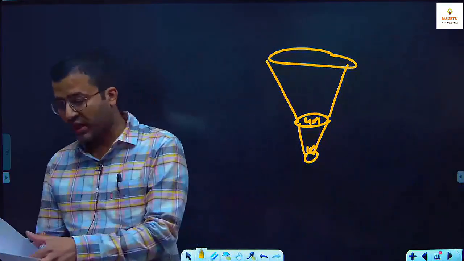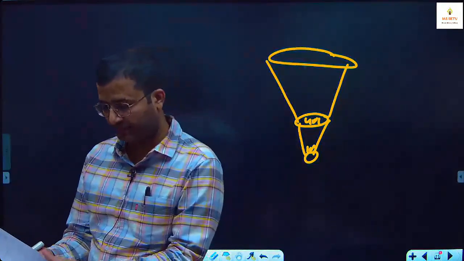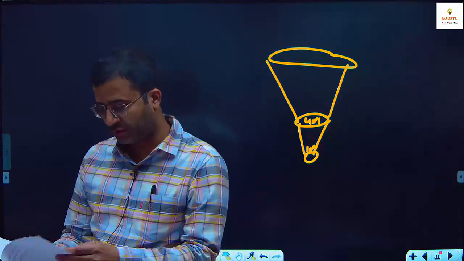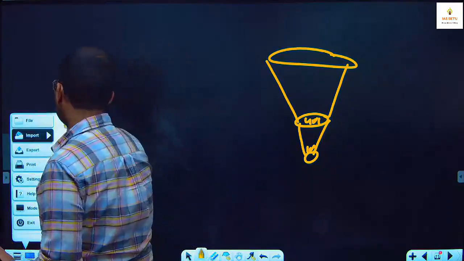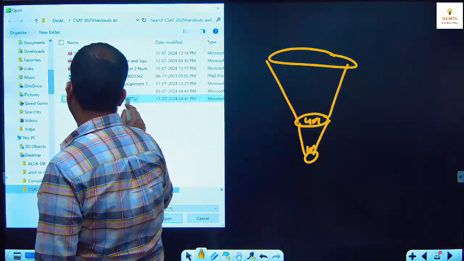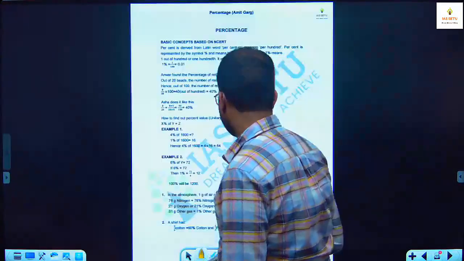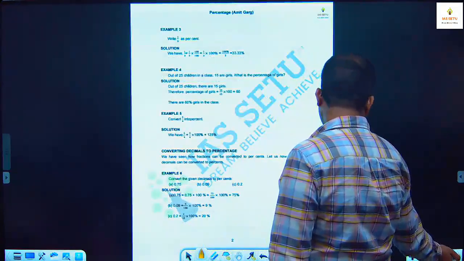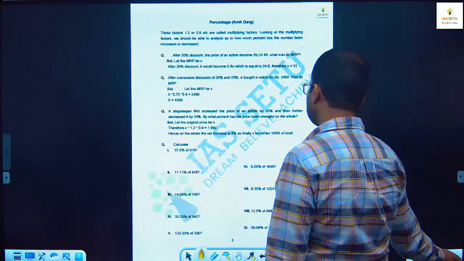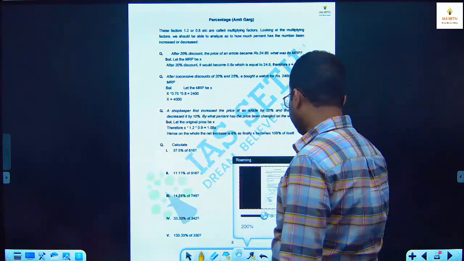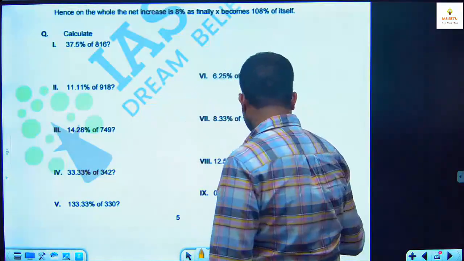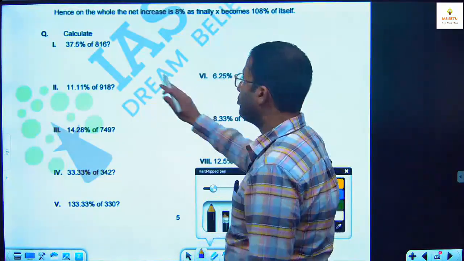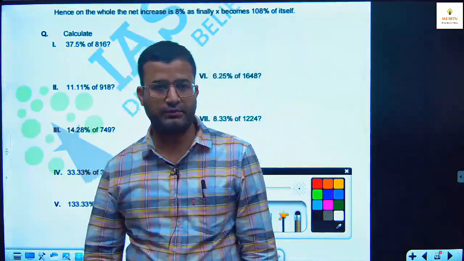Fine, you got this handout? The starting 2-3 pages are the basic idea. If you have time, you can read it. Page number 5, 6, 7. We have uploaded this handout on the portal for online students. On page number 5, 6, 7, you will find I have given some calculations. 37.5% of 816.